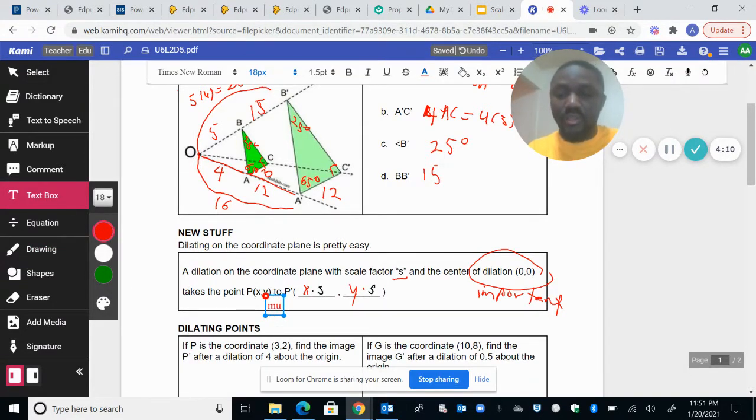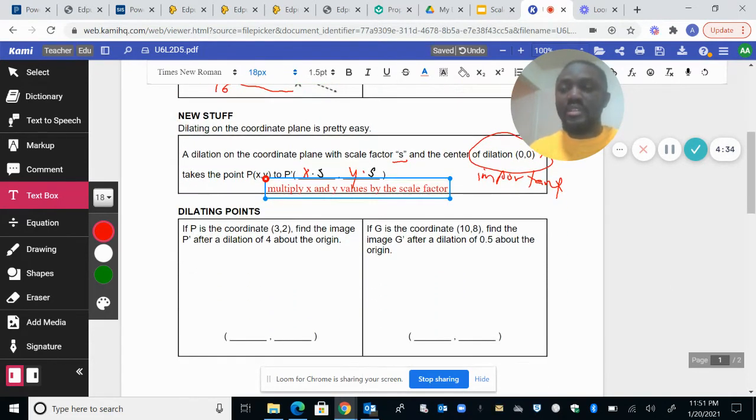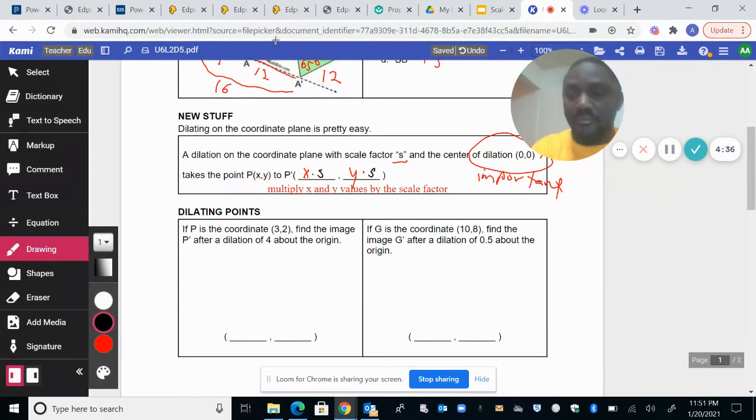Which means we multiply the X and Y values by the scale factor, okay? Always multiply your X and Y values by the scale factor. So as an example, we have something here.